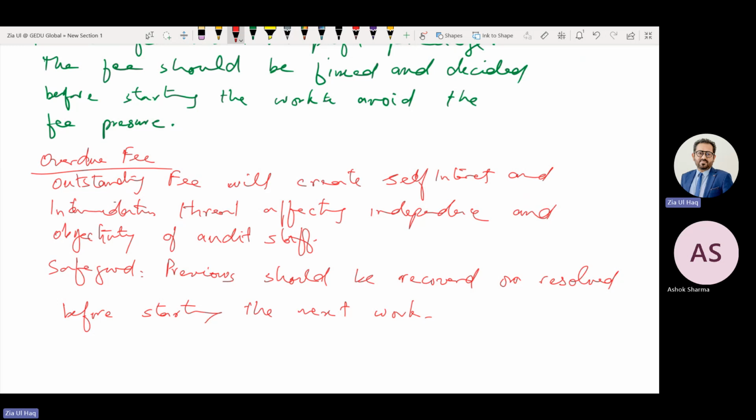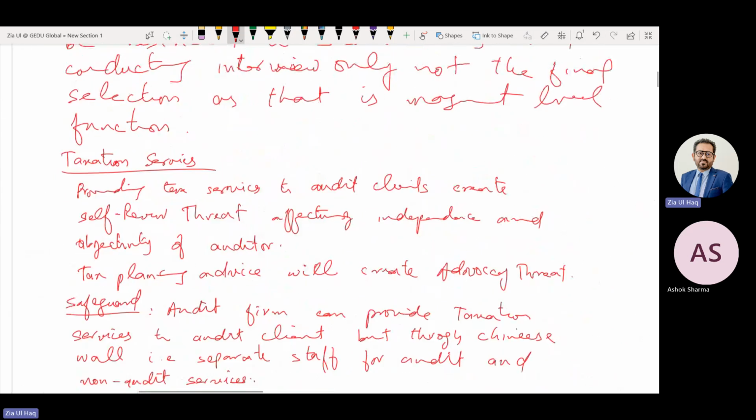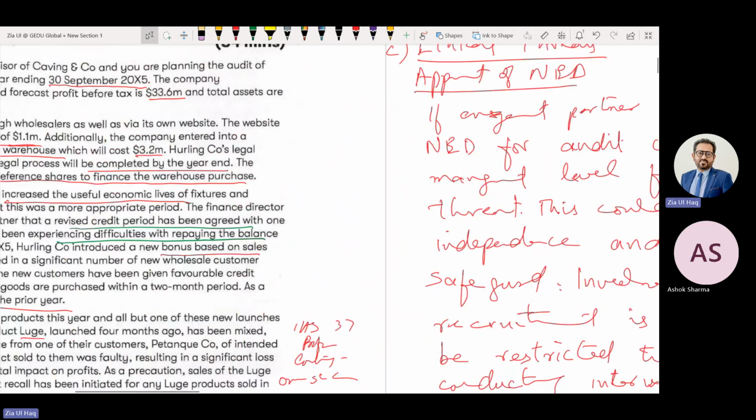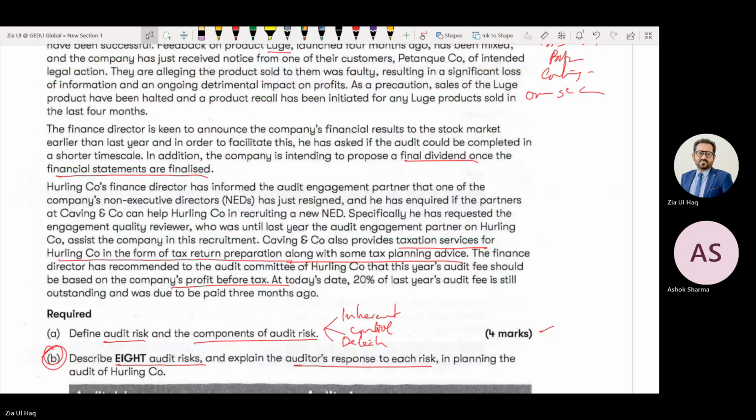He asked about identifying the five threats: overdue fee, percentage fee, taxation, appointment of non-executive director. Where is the fifth one?